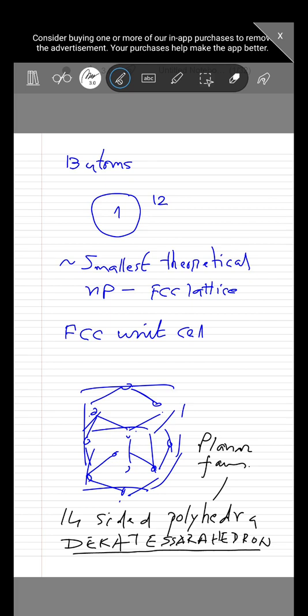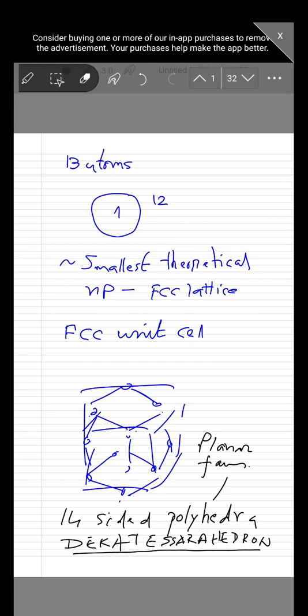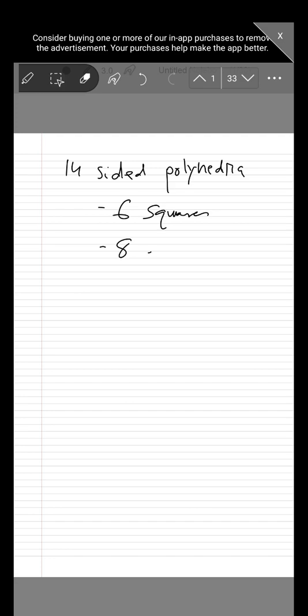So in the 14-sided polyhedra, we have 6 squares and 8 equilateral triangles.